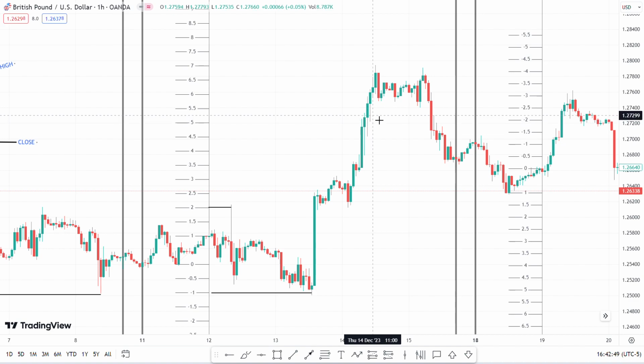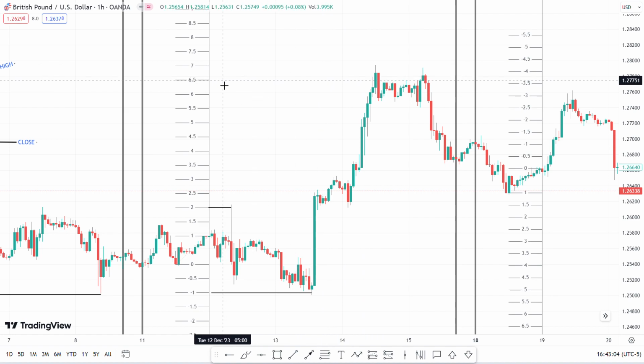And then yeah, high of day comes in super close to London close, which is 10 a.m. to 12 a.m. time window, and then the 6.5 multiple, as well as the 6.